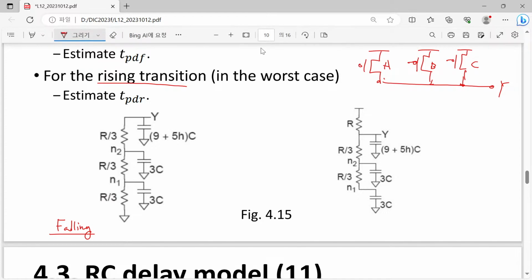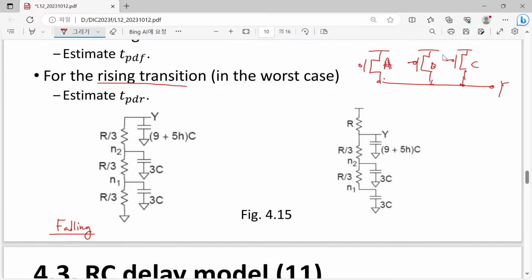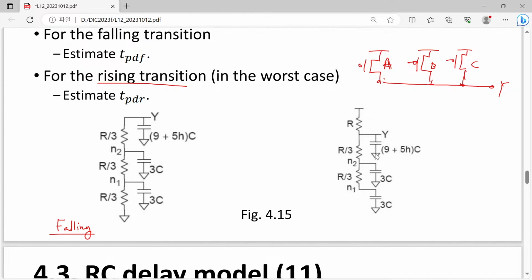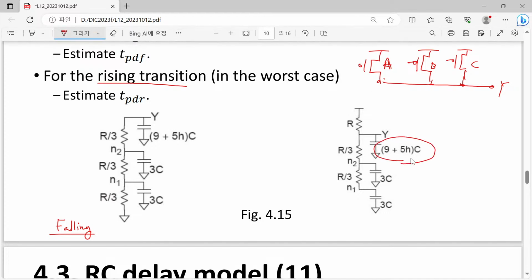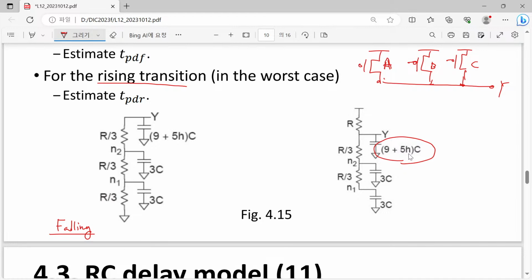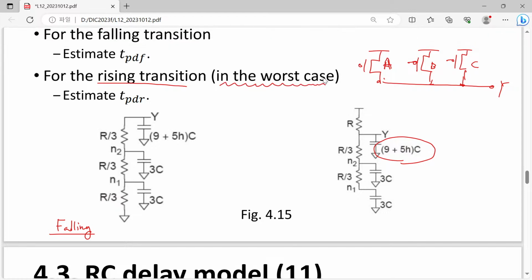So what is the best situation? In the best situation, all of transistor A, B, C are working together to charge our load capacitor, shown here, 9 times 9 plus 5H times C. Okay, so in this case we are talking about the worst case, so we consider just R. Please note that if we consider the best case, then this number will not be like this.